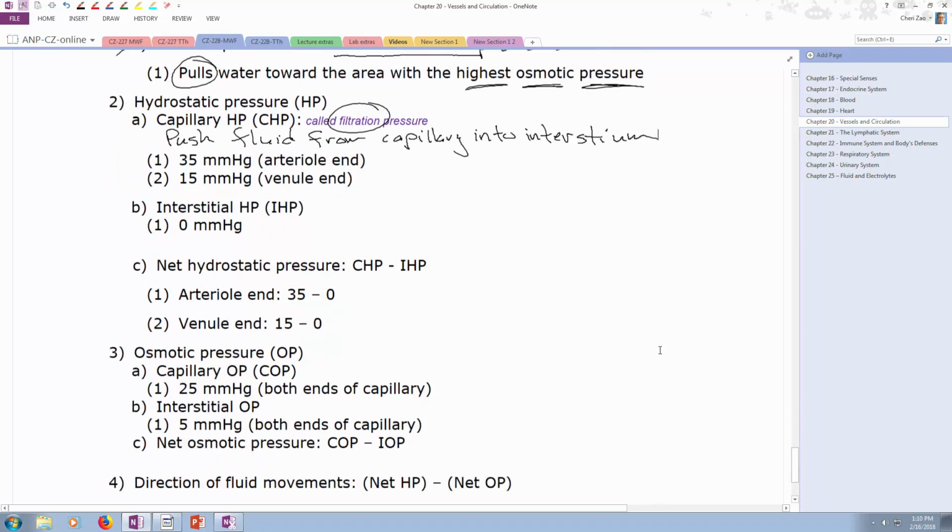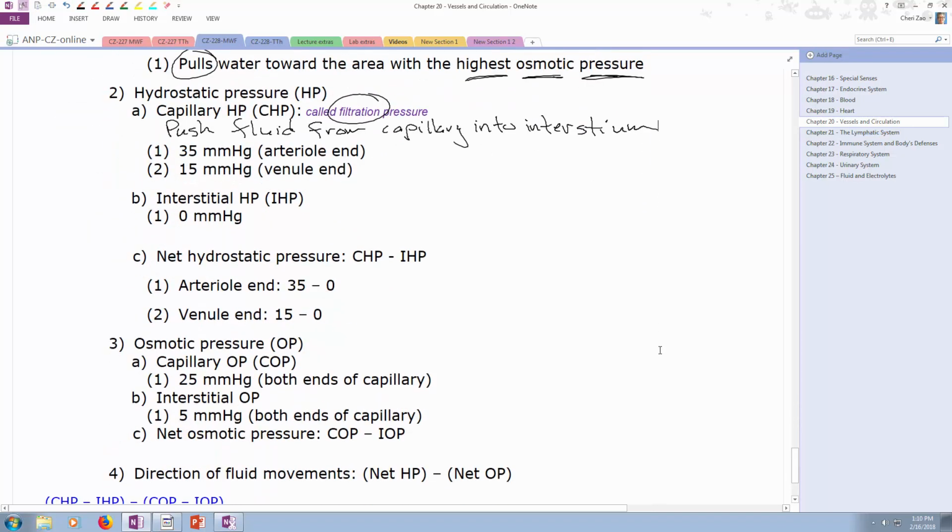We have already mentioned the pressure at the arterial end of the capillary is 35 millimeters of mercury. And we've already mentioned that the pressure inside the capillary at the venular end is 15 millimeters of mercury. Well, one of the things you also have to talk about when you're talking about pushing the fluid into the interstitial spaces is you have to realize that if there is fluid in the interstitial spaces, it will exert a back pressure.